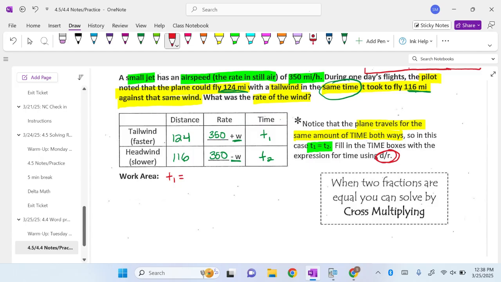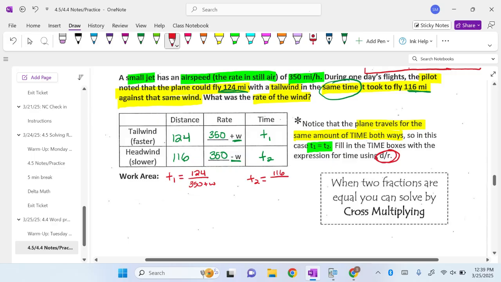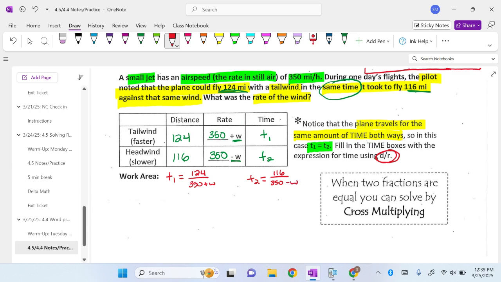What's my distance for the tailwind? 124, so that's my numerator, over what's my rate? 350 plus W. Then T2 would be what, in terms of distance and rate? 116 over 350 minus W. Then we're going to take these two expressions, plug them in for T1 and T2, and set them equal to each other.